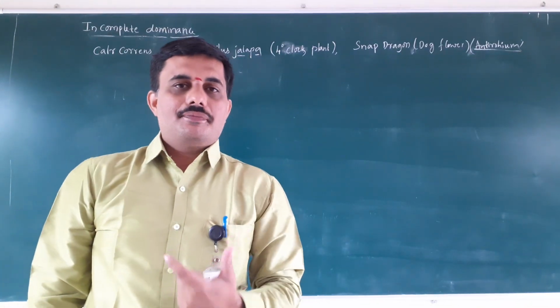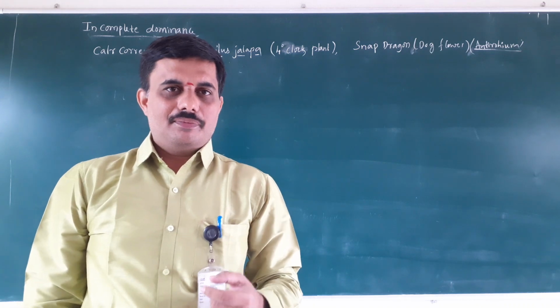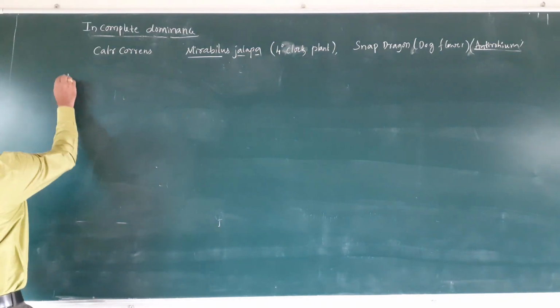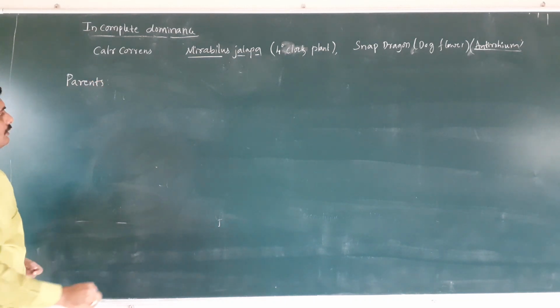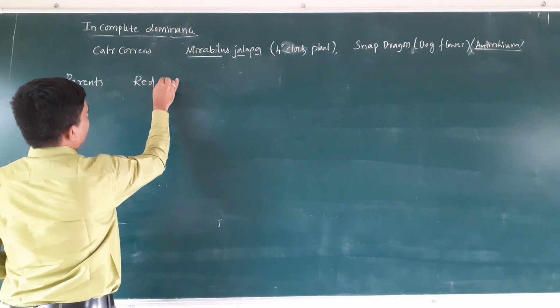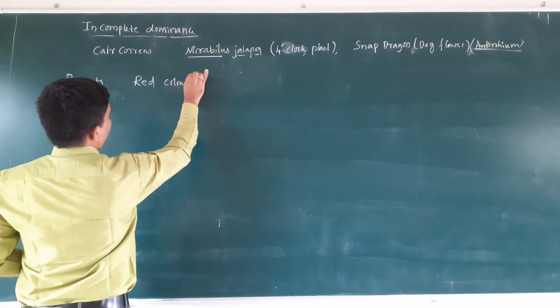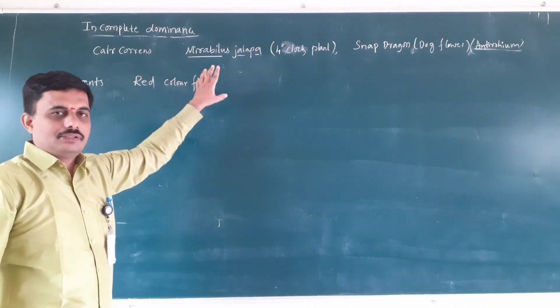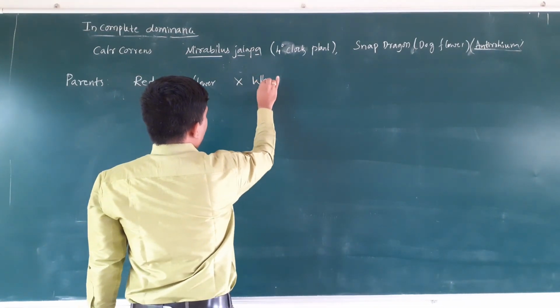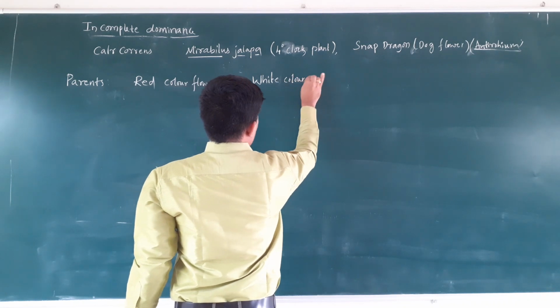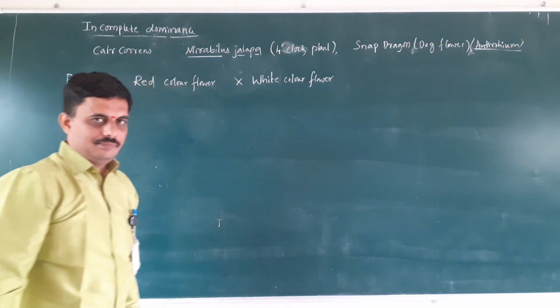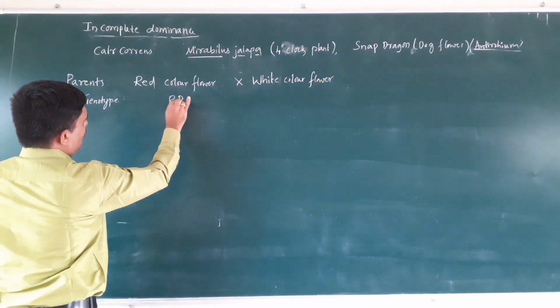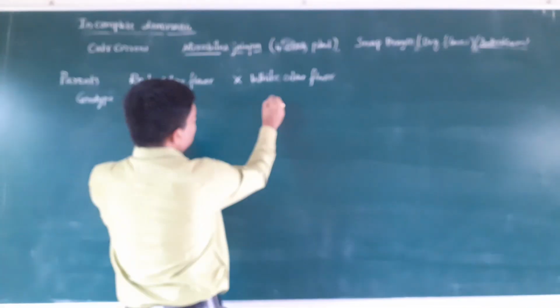Mirabilis jalapa produces two kinds of flowers, two contrasting traits. The red color flower producing Mirabilis jalapa is crossed with the white color flower producing Mirabilis jalapa. The genotype we are taking is capital R for red color and small r for white color.